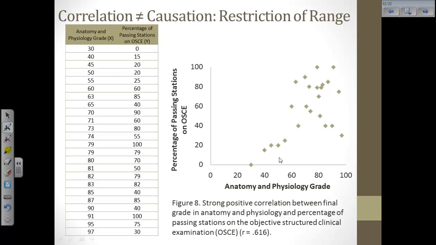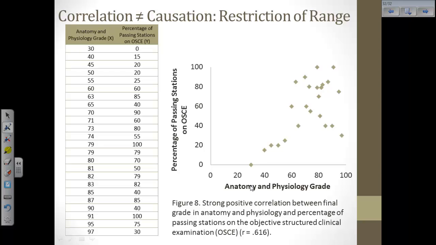Well, look what happens if we get some data, perhaps, for people who did really poorly in anatomy and physiology, so they didn't pass, and then we had their data on the passing stations. So maybe we tested these people even though they didn't make the cut and they never got to be a medical professional, and we looked to see how many stations they would pass based on their anatomy and physiology grade.